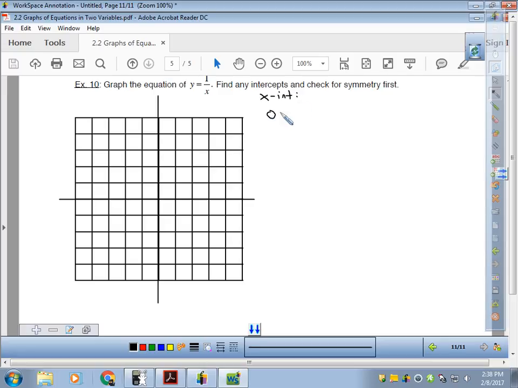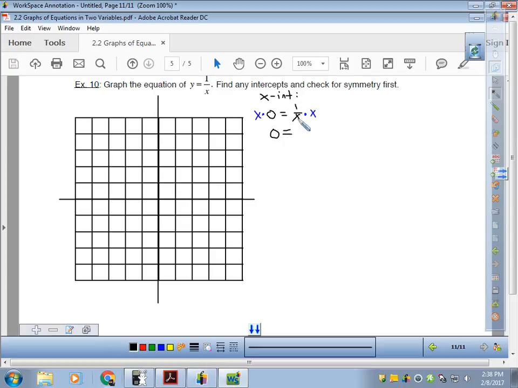So I have 0 equals 1 over x. Now, that is a fraction, and we learned last unit that to get rid of fractions, we multiply by the common denominator. So we would multiply both sides by x. Here, on the left-hand side, we have x times 0, which is just 0.